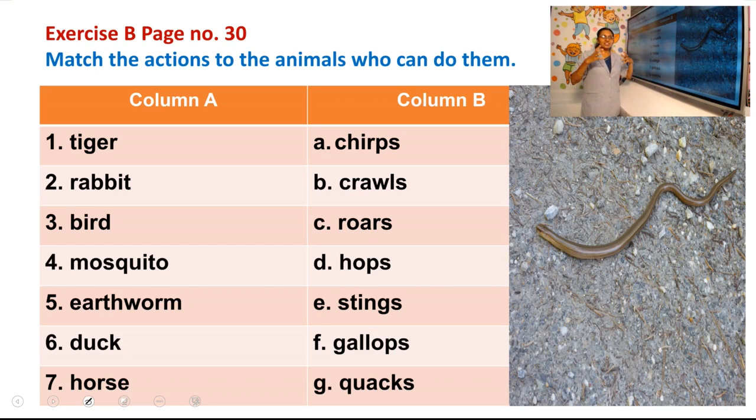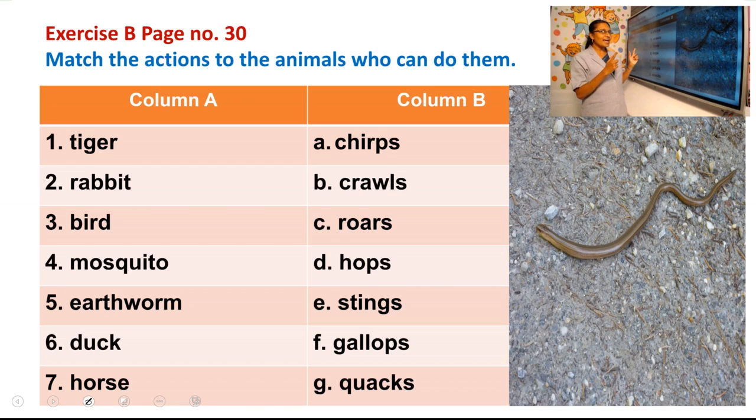Then roars, you know, it's to make a loud sound, loud noise. Then hops, you know, to jump. Stings, you know, stings means to what? Bite, to bite. Then we have gallops, gallops to run very fast. And quacks, quacks to make sound like a duck.